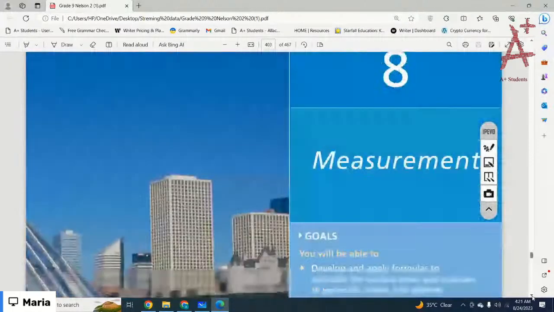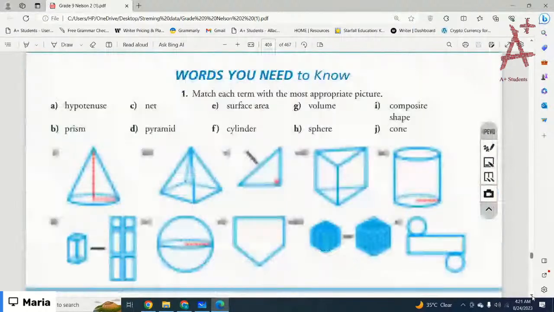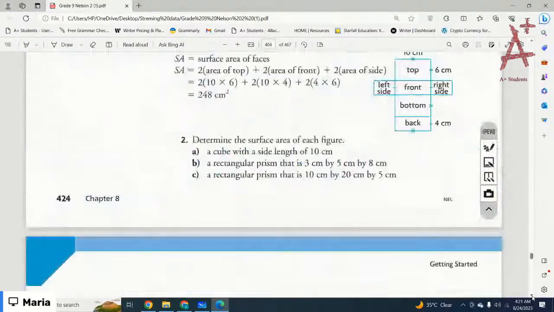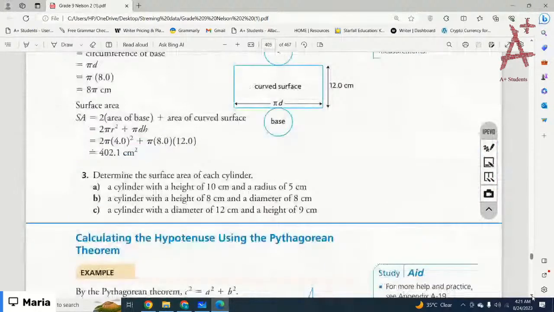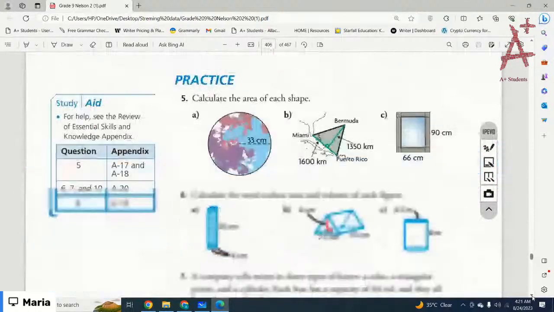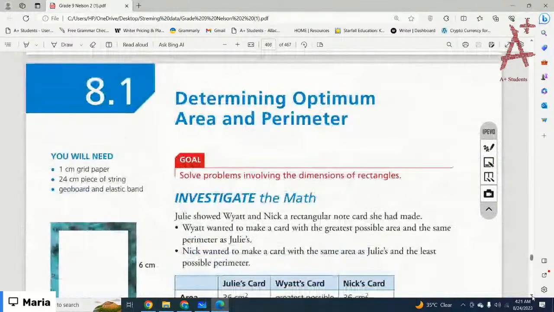Let's just start with the chapter. Here is 8.1, determining optimum area and perimeter. Let's start with the lesson on determining optimum area and perimeter.